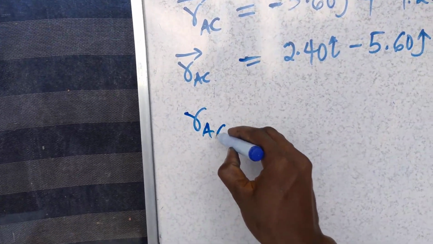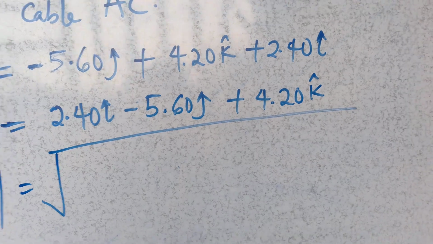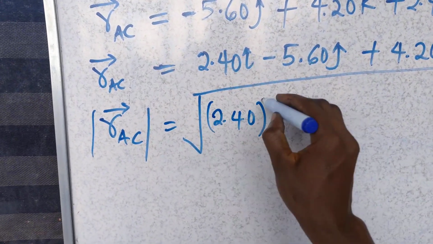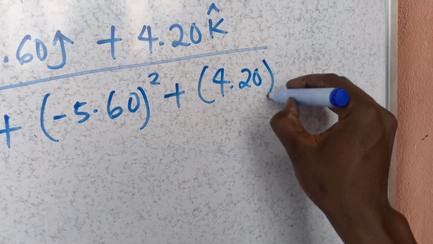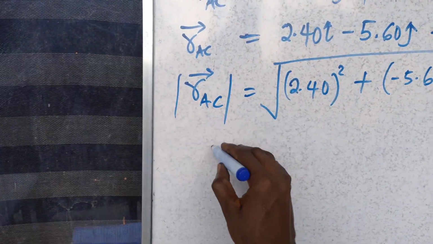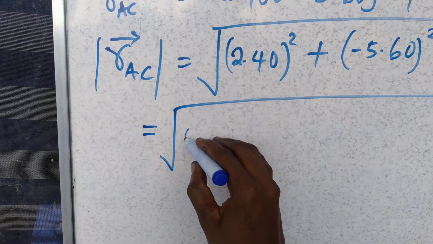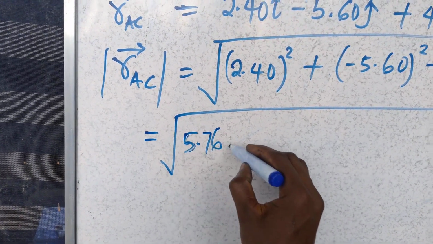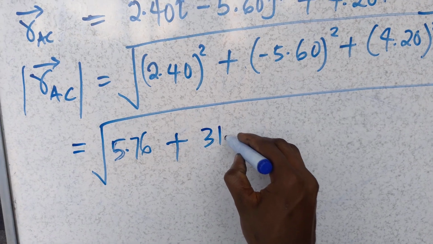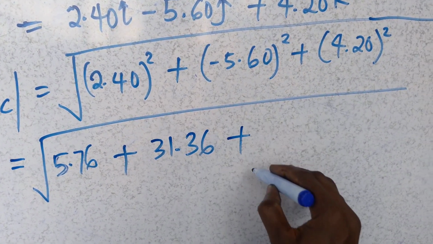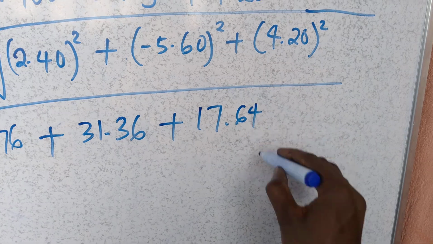So if I find the modulus or the magnitude of the vector RAC, using Pythagoras rule, it is the square root of 2.40 squared plus minus 5.60 squared plus 4.20 squared. 2.40 squared gives me 5.76, plus the square of 5.60 gives me 31.36, plus the square of 4.20 gives me 17.64.